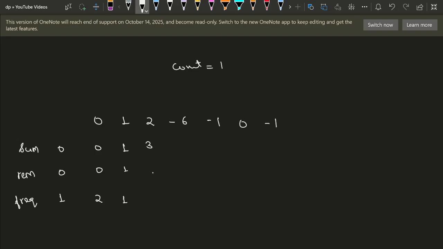Here your subarray sum becomes 3, you get a remainder of 0, and you add 2 more, so your frequency of 0 becomes 3. Now if we add -6, it becomes -3, so your remainder again comes as 0 and the frequency becomes 4, but you have to add 3, which was the earlier frequency.